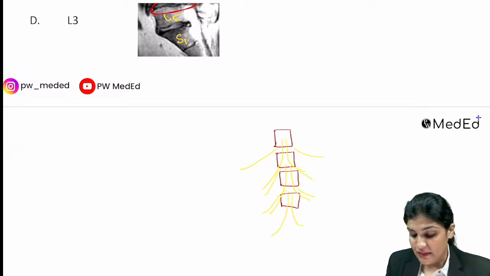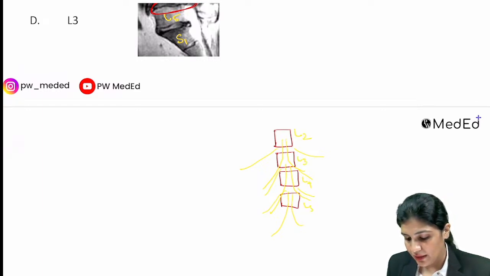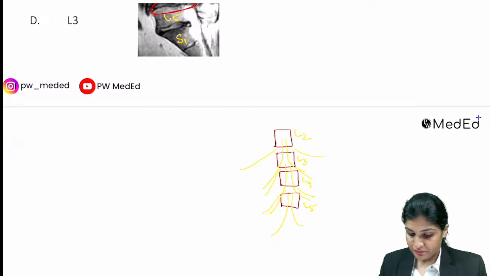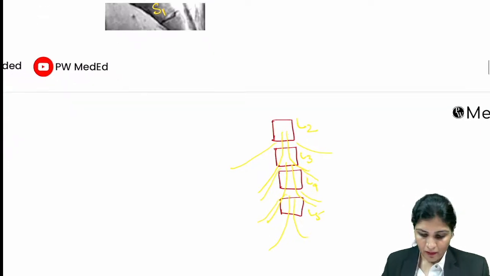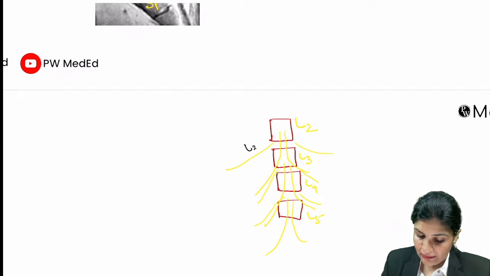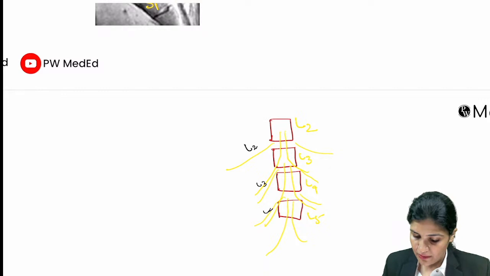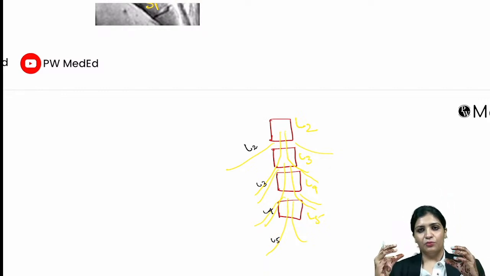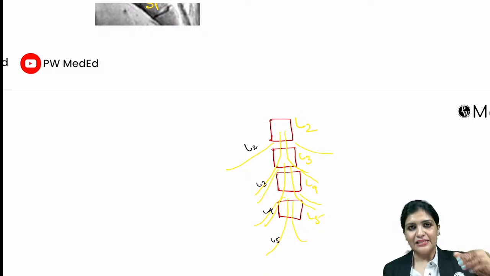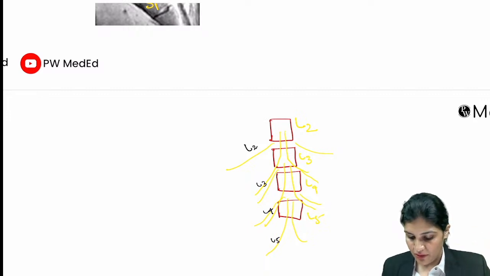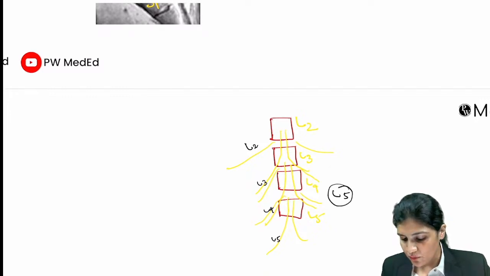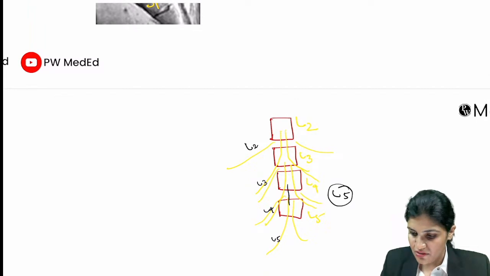So if this is L2, L3, L4 and L5, this will be the L3 nerve root, and this will be the L4 nerve root and L5 nerve root. So whatever nerve is passing will be just below the level of that particular vertebra. So if you take L4 and L5, L5 is the nerve root which is involved because this is the nerve root which is traversing, right?